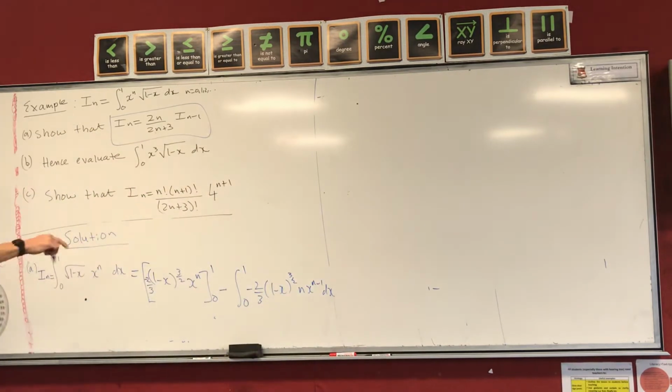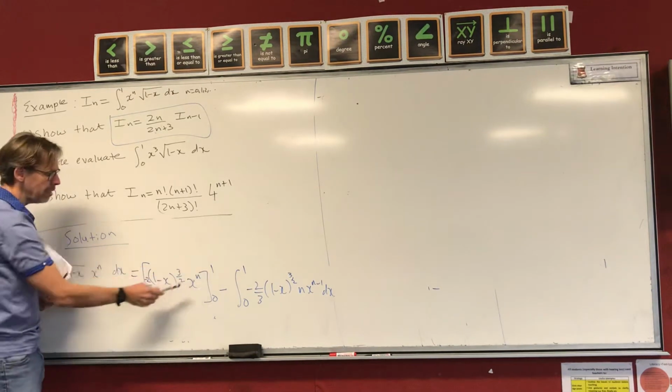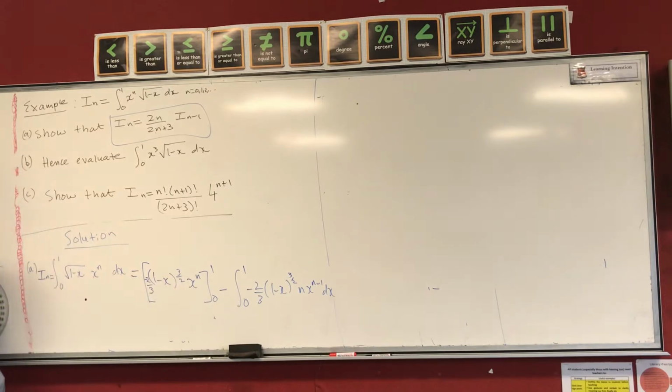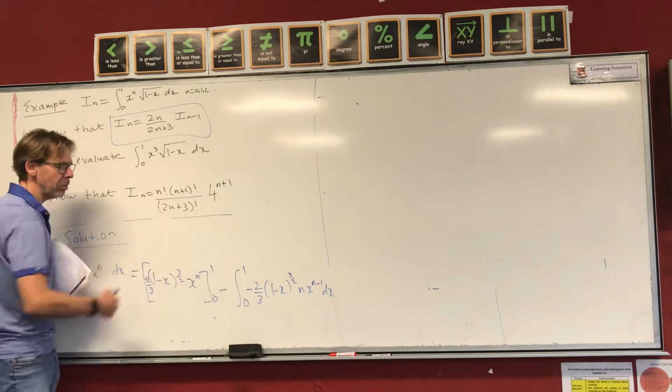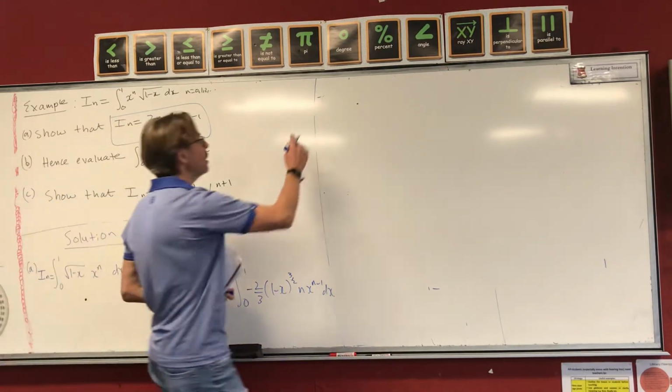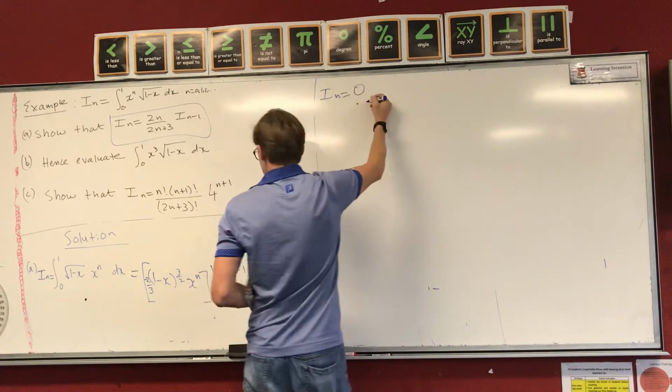There's integration by parts for the first part. The next bit you've got to do is evaluate this. Now, if you put 1 into there, you're going to get 1 minus 1 is 0. If you put 0 into here, you're going to get 0. So that whole thing there becomes 0. So that means we can write down I_n equals 0.